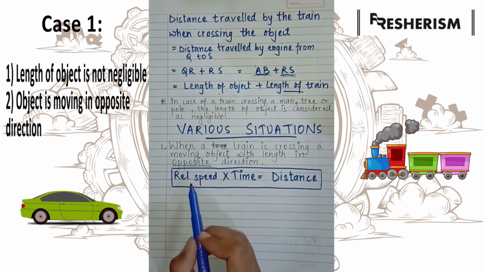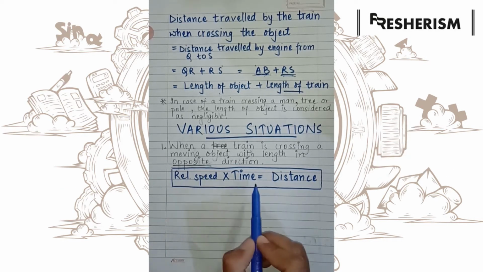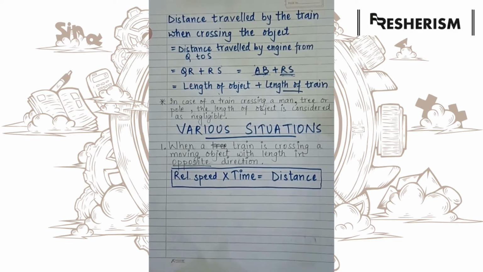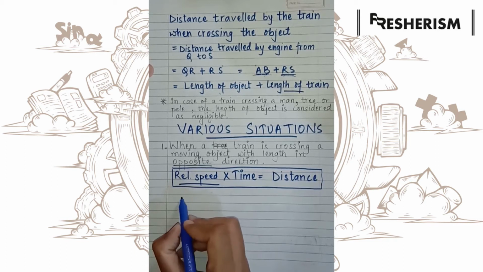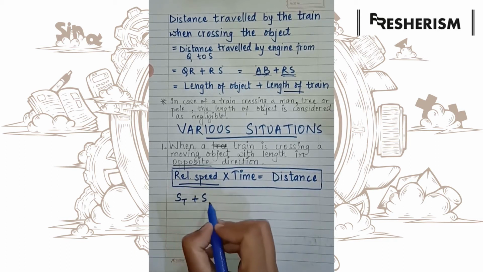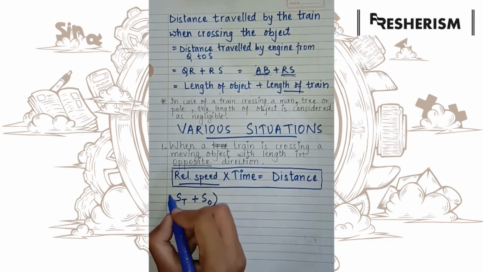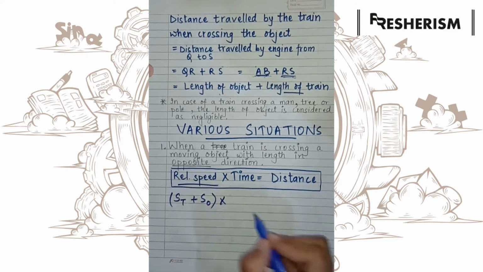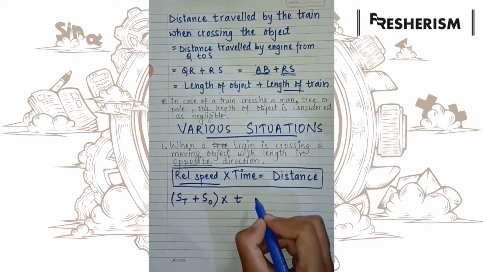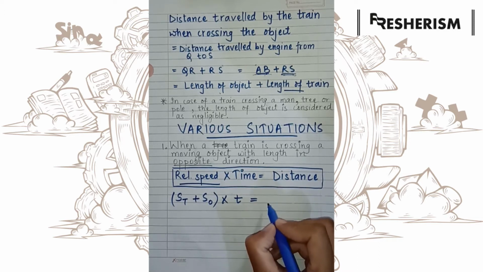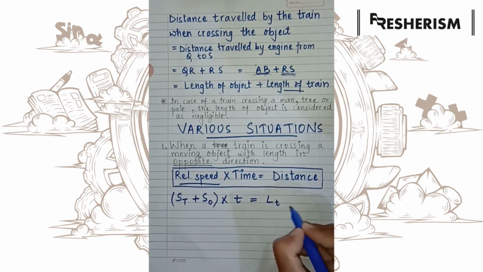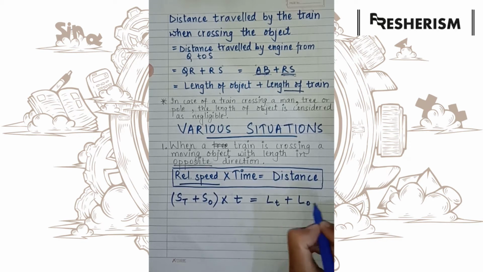So the basic formula we had was relative speed into time equals distance. So what will be the relative speed in this case? The relative speed would be the sum of the speed of train plus the speed of the object. This is the relative speed. And let us consider there will be some time t taken to cross the object, and we had just discussed the distance crossed would be equal to the length of the train plus length of the object.